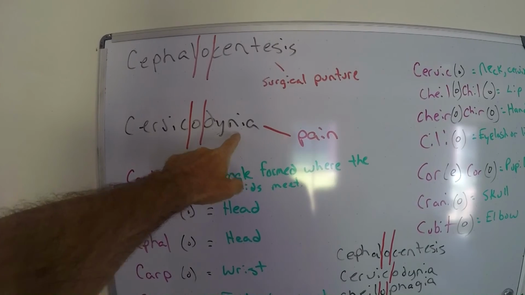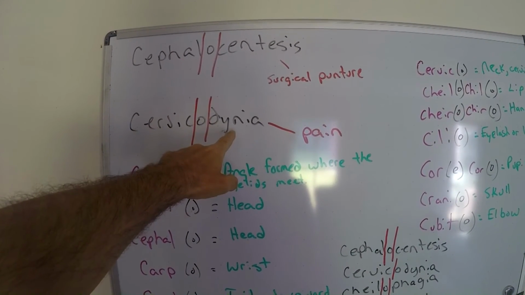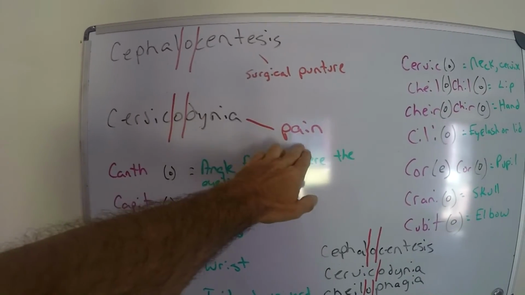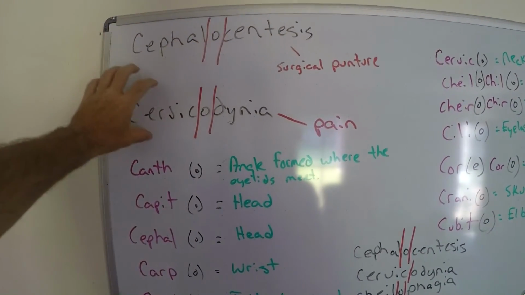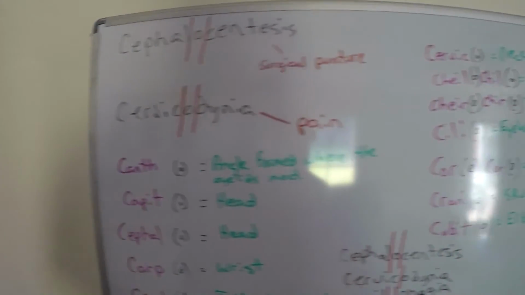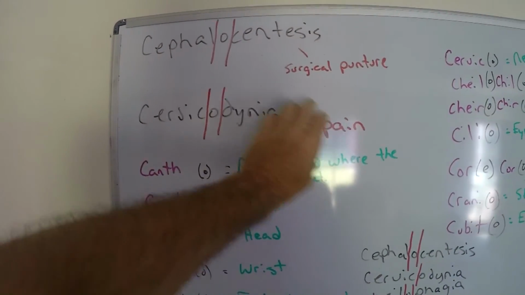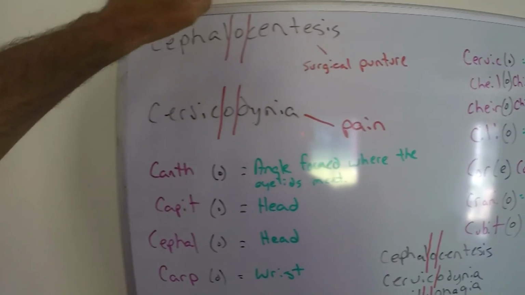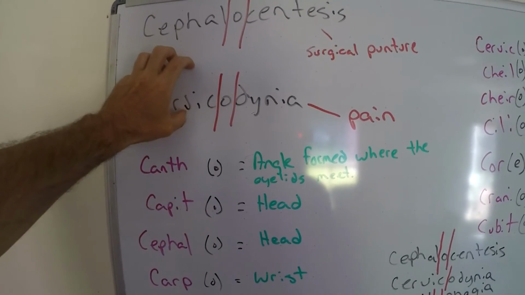Cervicodenia. The suffix that we'll learn later, denia, means the pain. The pain of the, and then we learned here that's the neck or the cervix. Cervicodenia, the pain of the neck. Suffix, no prefix, root word.